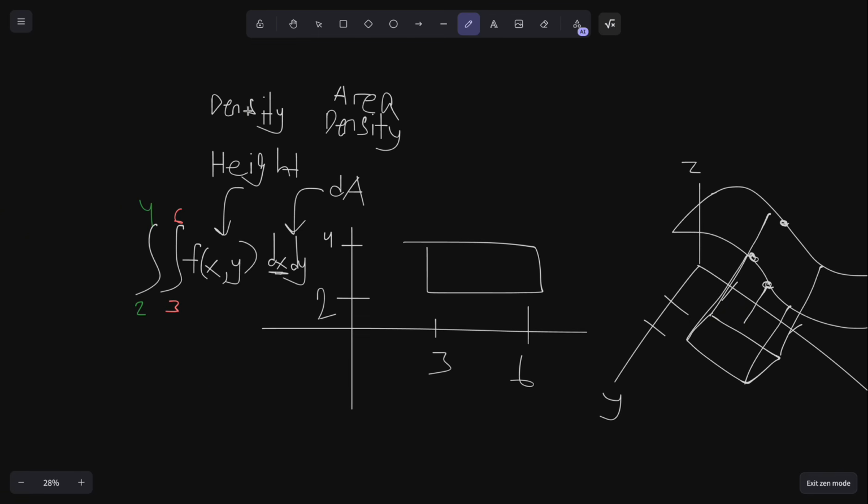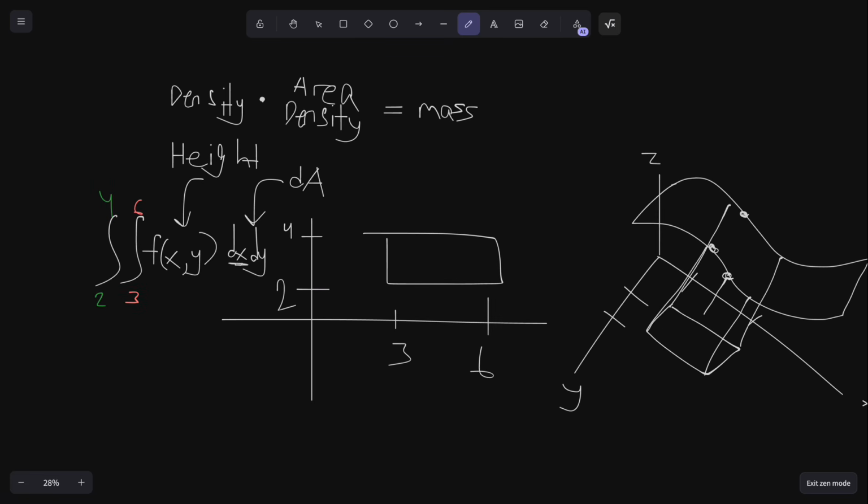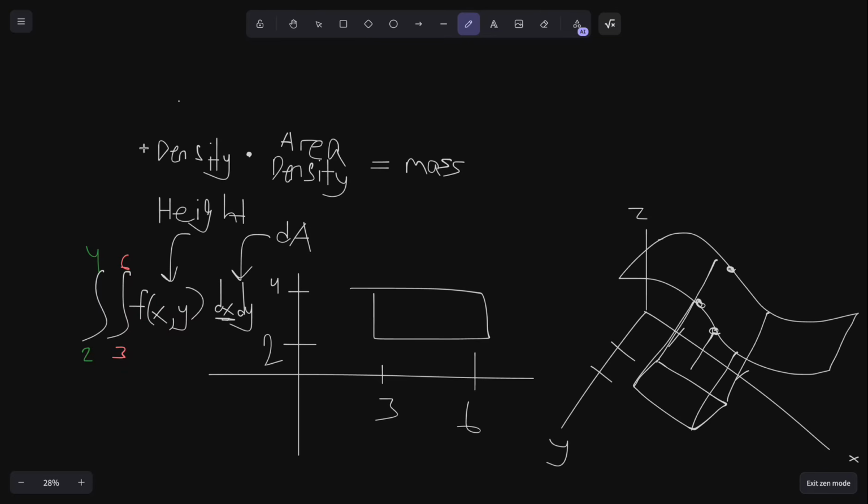And if you multiply density by the area, you get the mass. So the double integral, when you evaluate it out, gives the total mass of whatever surface you're looking at. If you're looking at a specific density, which is that height, and you multiply it by that area, which you can think about as grams per meter squared, then the meter squareds cancel out and you just get grams, which is the mass.